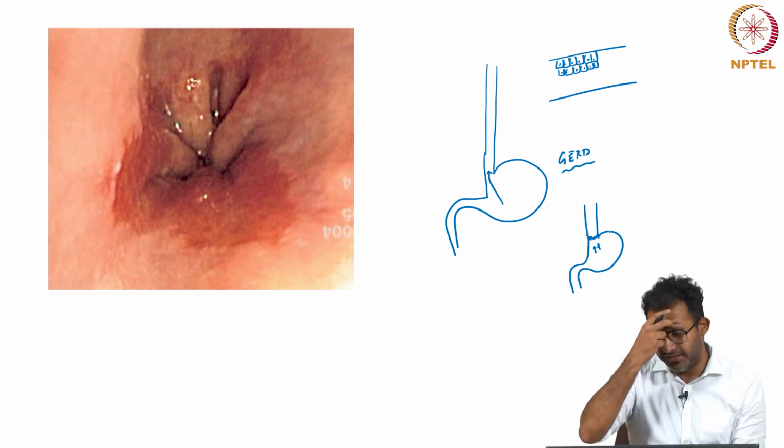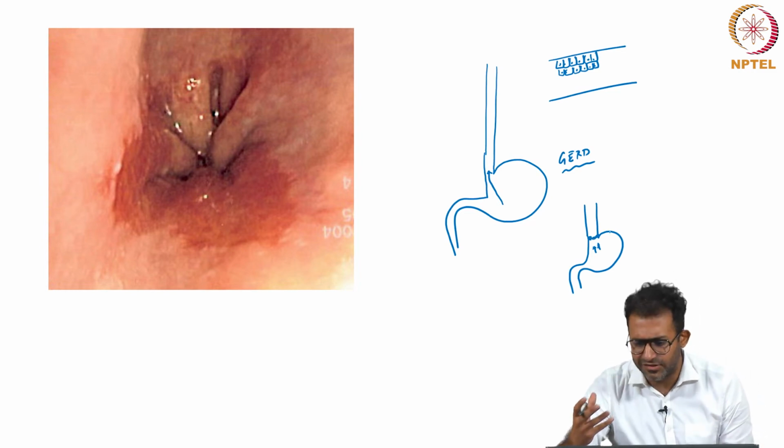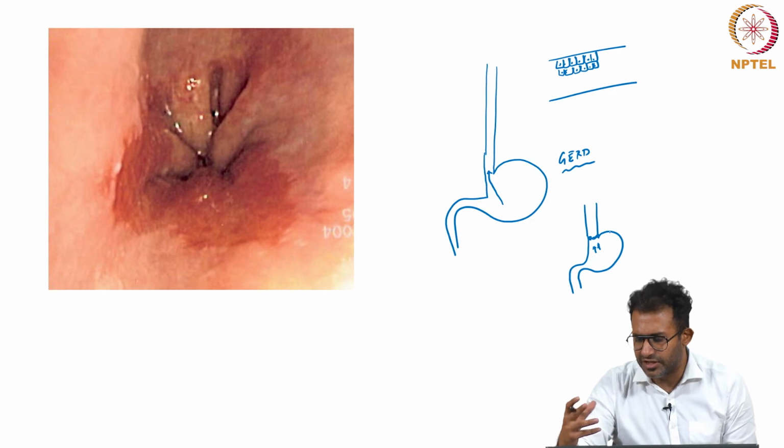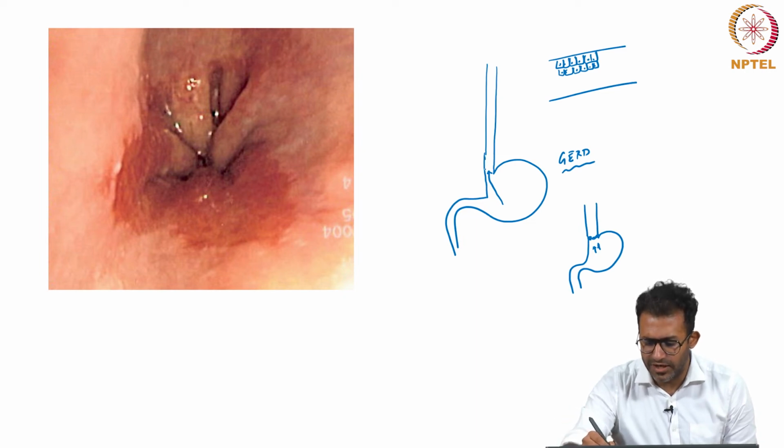But when these muscles or the sphincter get relaxed due to multiple reasons, whether due to an excess production of acid or a whole host of factors including genetic factors, this acid can reflux back and damage the epithelium over here. So, the epithelium of the lower esophagus starts resembling the epithelium of the stomach.